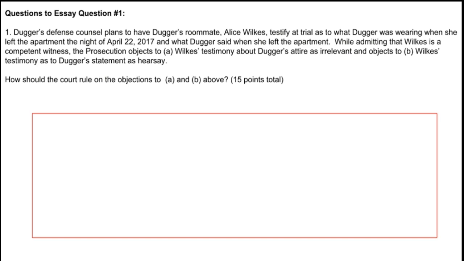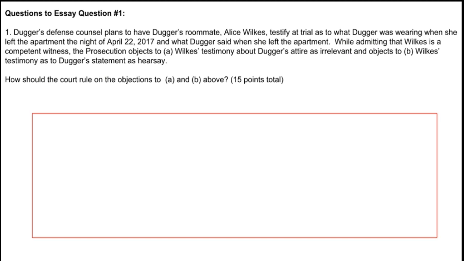While admitting that Wilkes was a competent witness, the prosecutor objects to 2 things. Wilkes' testimony about Duggar's attire as irrelevant. So we have a relevancy objection, and objects to Wilkes' testimony as to Duggar's statement as hearsay. So how should the court rule on these objections? And we have 15 points.